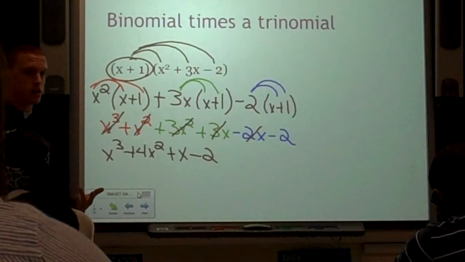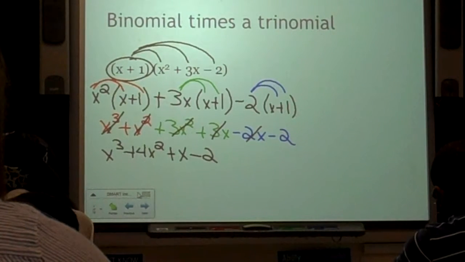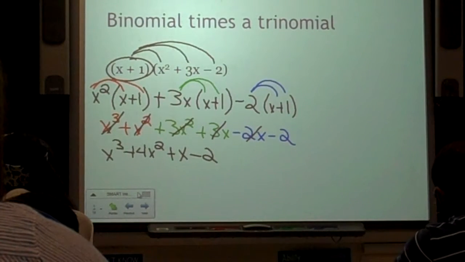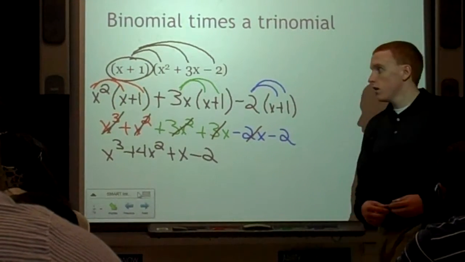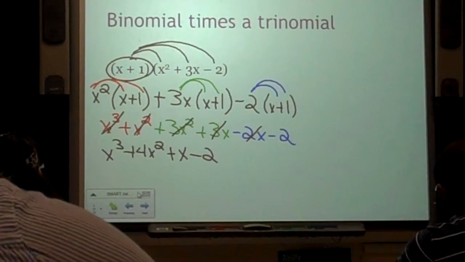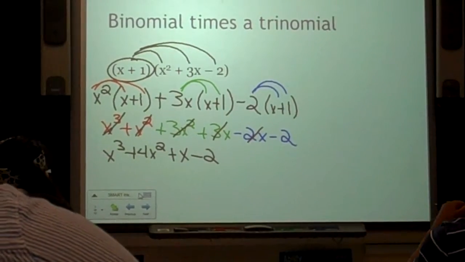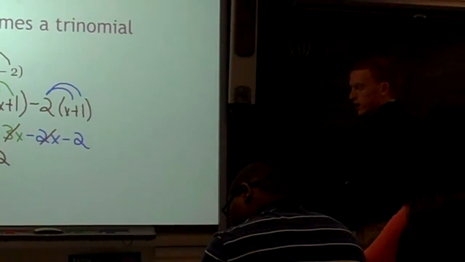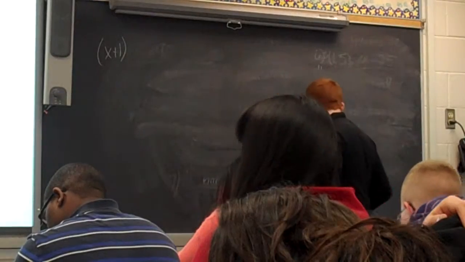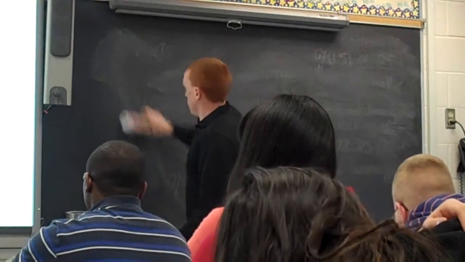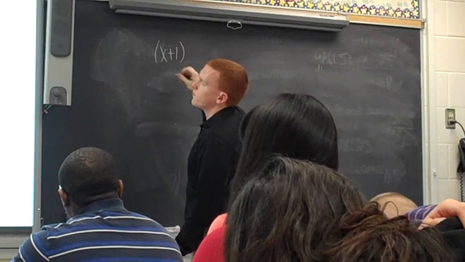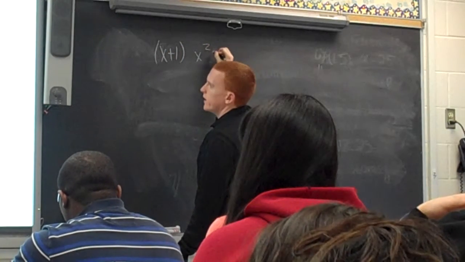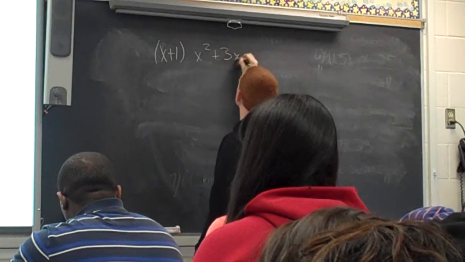Now, I'm going to suggest that there's another easier way of doing this. And just to make sure, I'm going to leave that up there to see if we get the same answer. Okay, so I have x plus 1, x squared plus 3x minus 2.